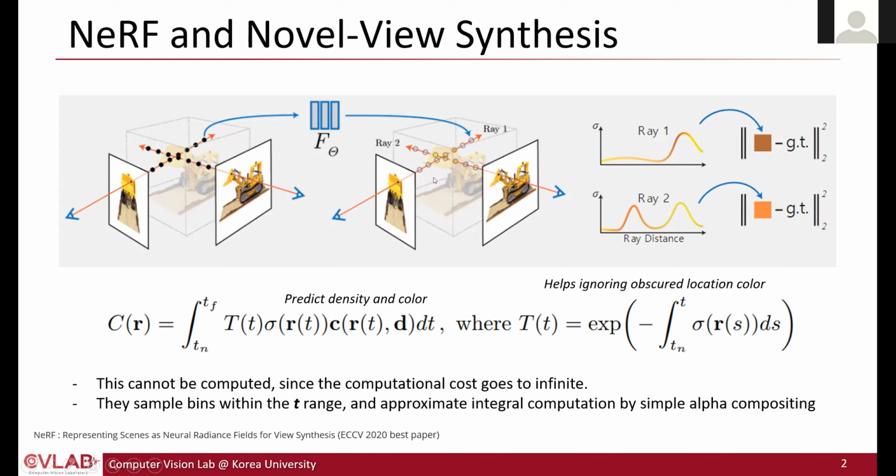After that, we accumulate every 3D point along one ray. That ray becomes one pixel, and that becomes the RGB color value of that pixel. And we have the ground truth image to compare that pixel. So NeRF works like that.